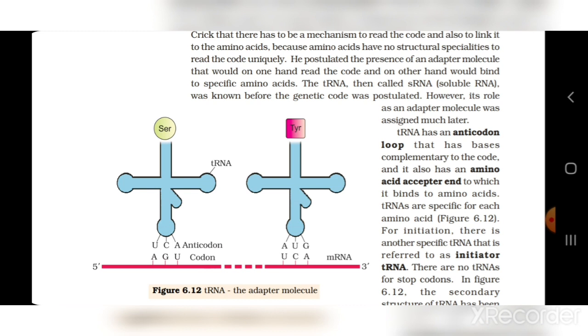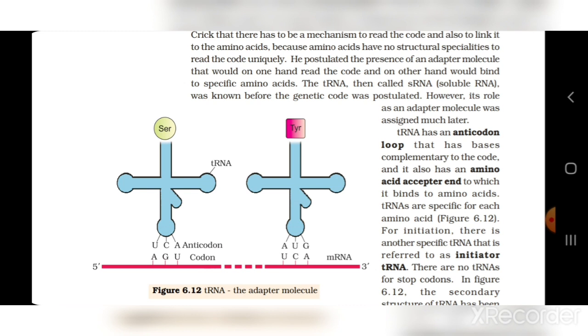The tRNA molecule actually has five parts. The first one is the anticodon loop. The bottom one is the anticodon loop, where you can find the anticodon, with bases complementary to the codon present on the mRNA.